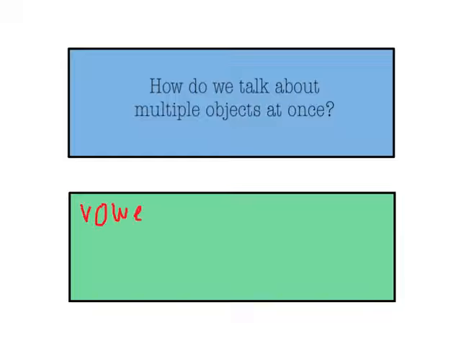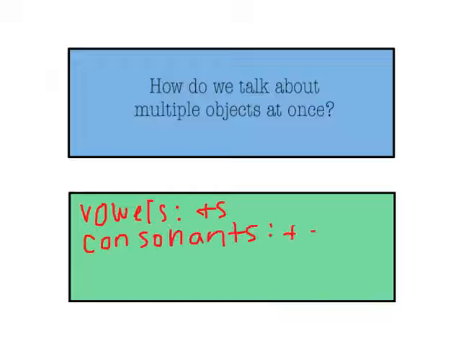For words that end in vowels, we add S. For words that end in consonants, remember anything except for A, E, I, O, U, we add ES. For words that end in a Z, we change it to a C, and then add the ES.